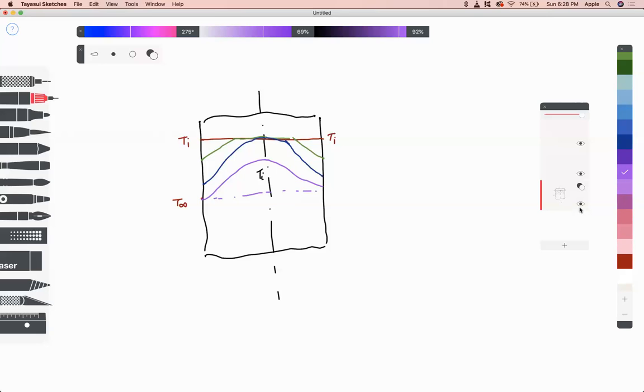And if I let it cool further, then almost the entire body has come to T infinity temperature. Only the core is a little higher than T infinity. And if a little bit more time has passed, then the entire body temperature has reached T infinity.